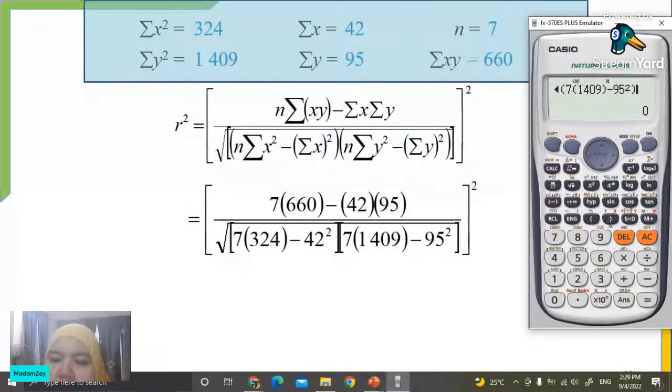Okay, so we have a bracket in the denominator, so calculate it. So we have the answer, so square the answer.